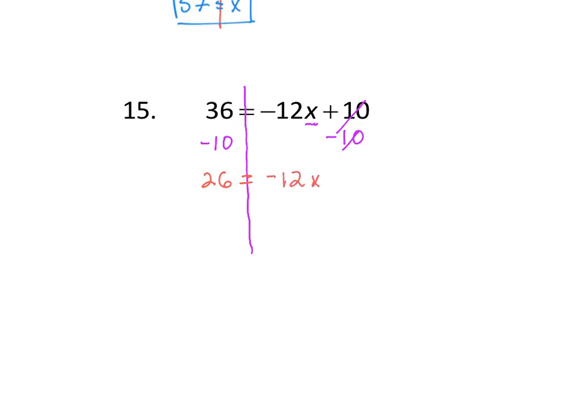So I've got -12x. I would need to divide by that -12. And I'm going to get a fraction, and sometimes fractions happen in the real world, as we know. So I would honestly accept 26 over -12. You wouldn't have to reduce it, but if you chose to reduce it, it would be -13/6 equals x.